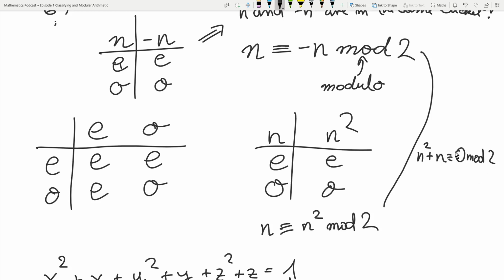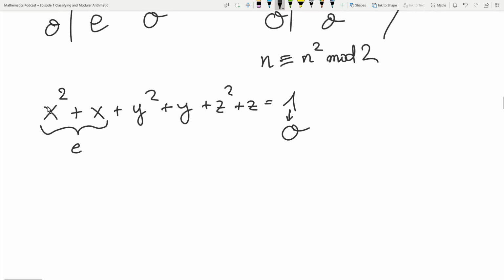But translated, it just means if you have an even number squared plus even number, it stays even. Odd number squared gives an odd number, plus an odd number gives an even number. And this doesn't depend on it being x, so this is even and this is even.